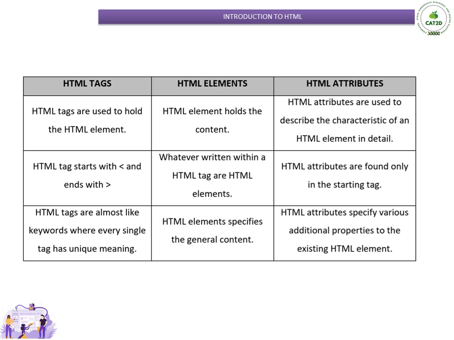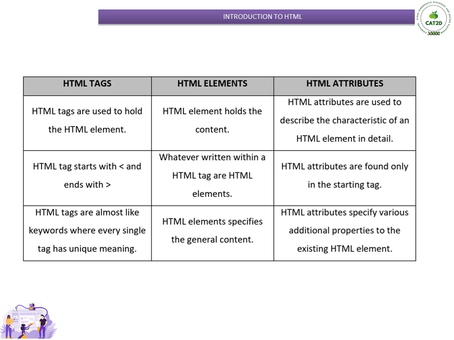Whatever is written within HTML tags are HTML elements, while HTML attributes are found only in the starting tag. HTML attributes can be found only in the starting tags, not in the closing tag.